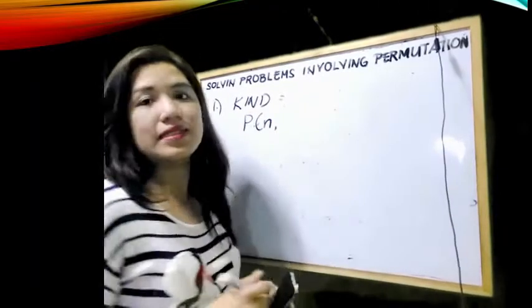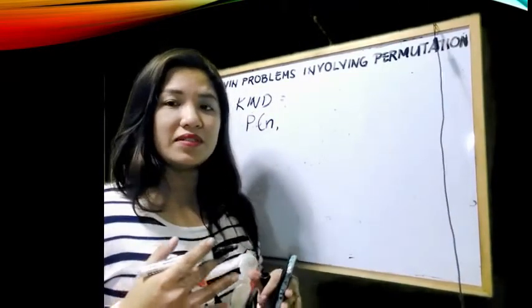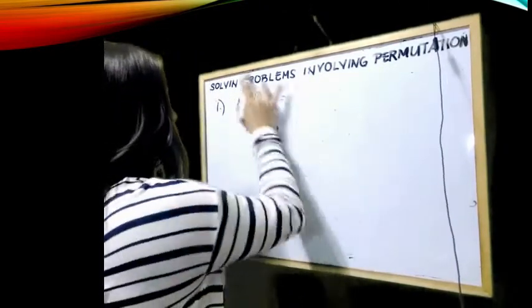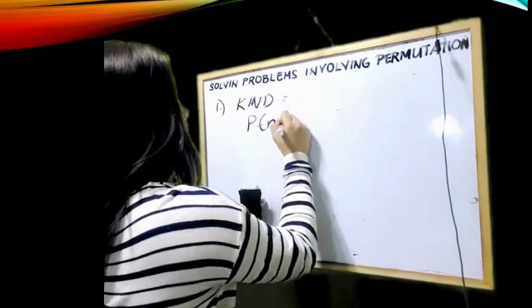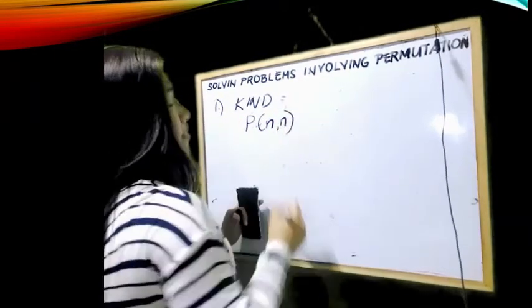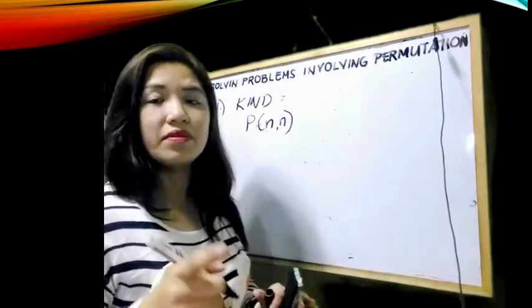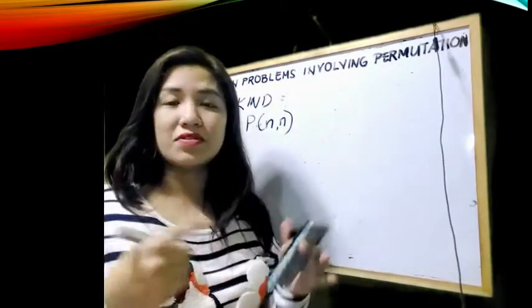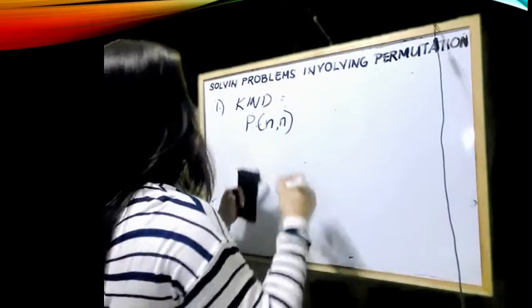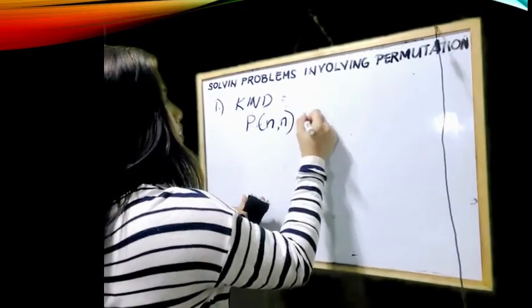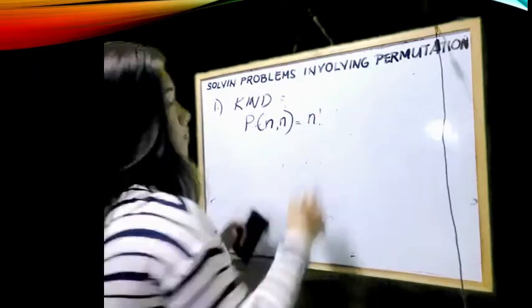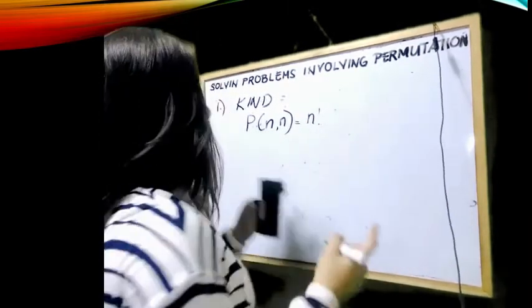And your r, since you will be taking all the letters at the same time, so all 4 letters, we will still represent that with the small letter n to indicate that we will be taking the same total number of objects in a set, which would be equal to n factorial, which is very easy.